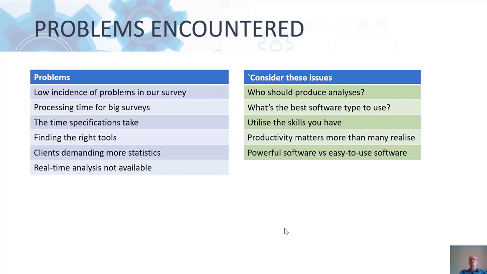But who should produce analysis? There's different ways of working. Sometimes you have a team of people doing it, sometimes researchers do it, and I think there's some choices in there as to how you approach that. What's the best software to use, I think, is an important question. And really making use of the skills that you have.